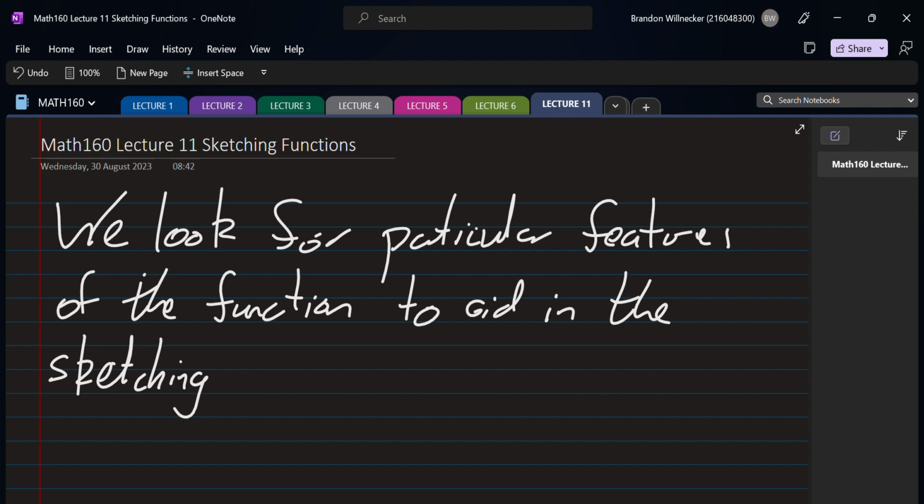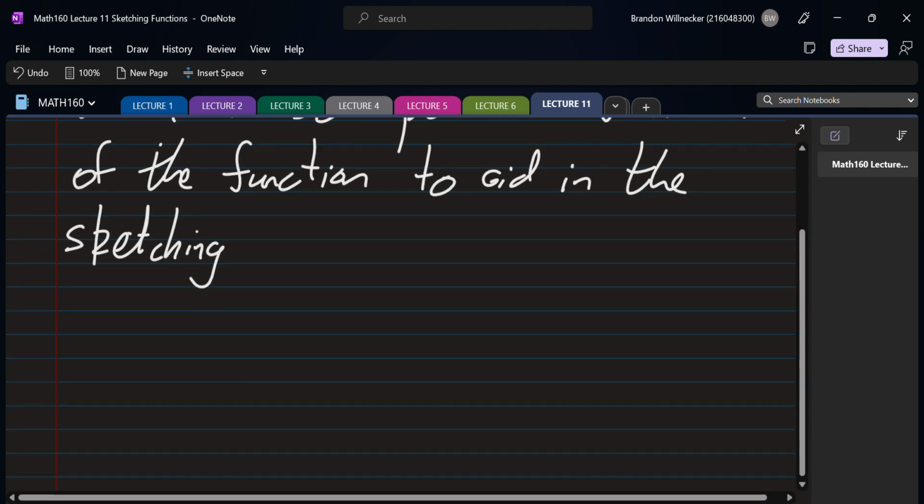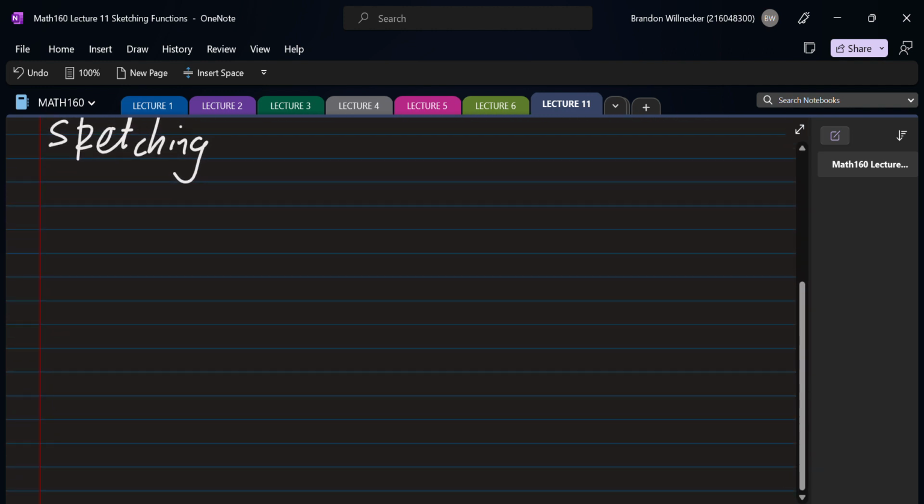So this is a list of things that we can calculate. Once we have this list, it's pretty much connect the dots, and then we can see what the function looks like. Okay, so let's see what this list is.